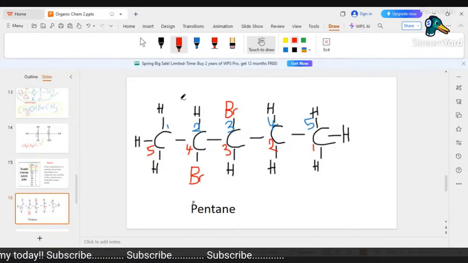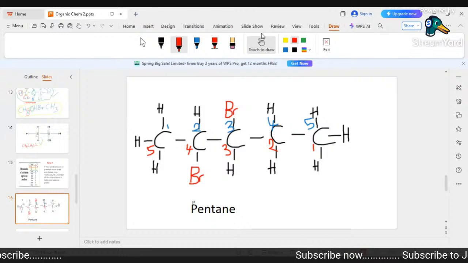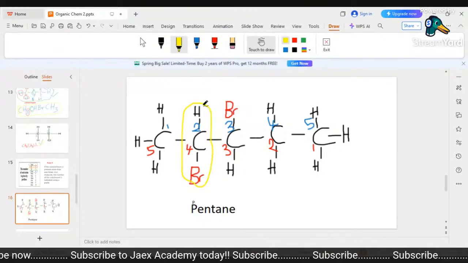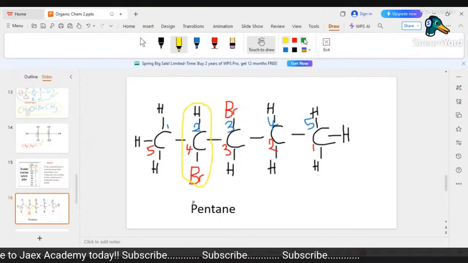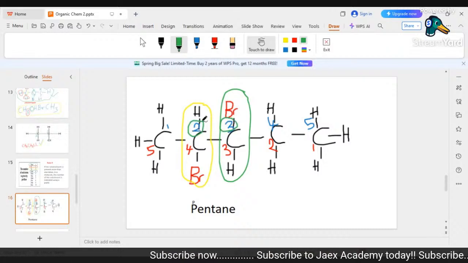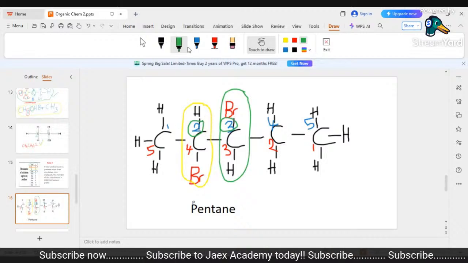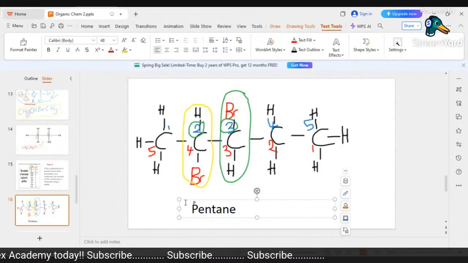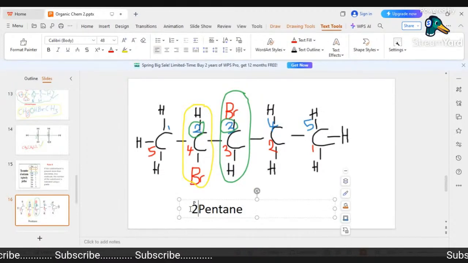So we have 1, 2, 3, 4, 5. Now you can see clearly with your eyes which of them is closest? Of course, it is up, because in position 2 we have one bromine.